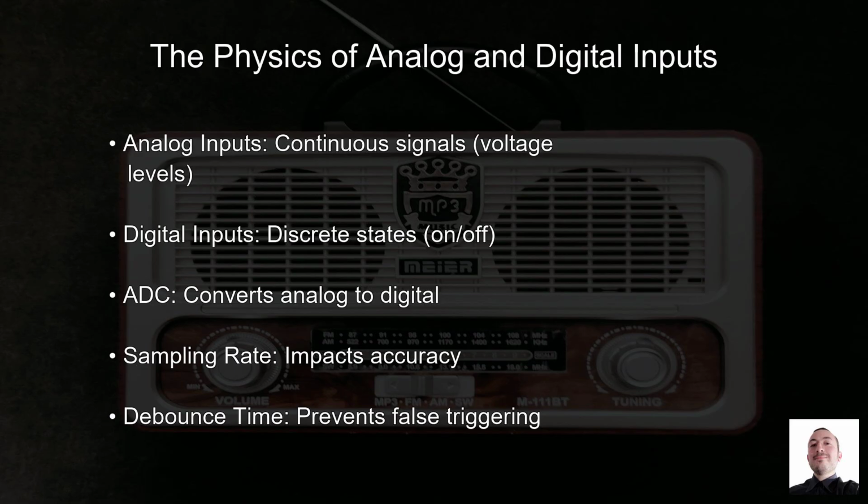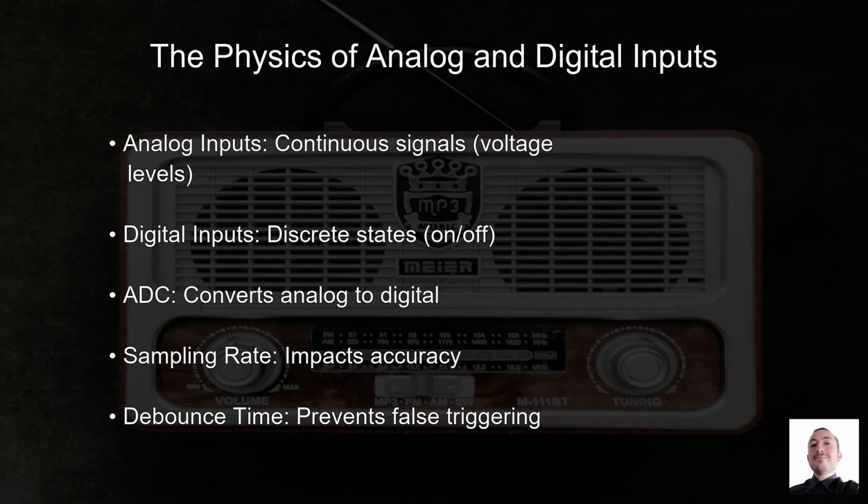To understand the complexities of analog and digital inputs, let's dive into the physics behind them. Analog inputs represent continuous signals, like varying voltage levels, which can be compared to a smoothly changing dial. Digital inputs, on the other hand, operate on discrete states, either on or off, akin to a simple switch.